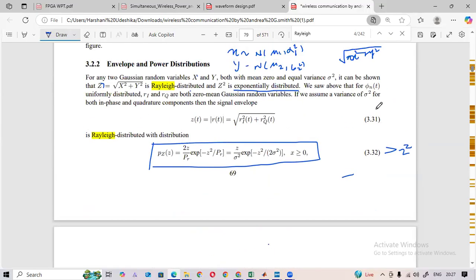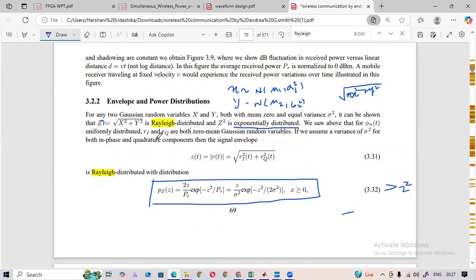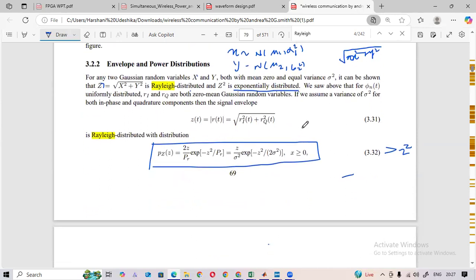No, I think I made a mistake, okay. Actually, if you have two random variables x and y, okay, I'm sorry, I have made a mistake, okay. X and y are normal distribution variables, Gaussian distribution variables, and if you square those two and you get the square root, okay, so this will be a Rayleigh distribution, okay.